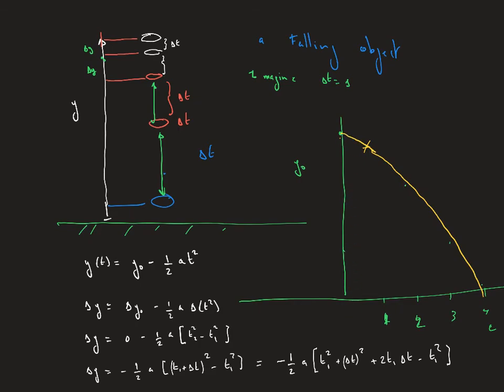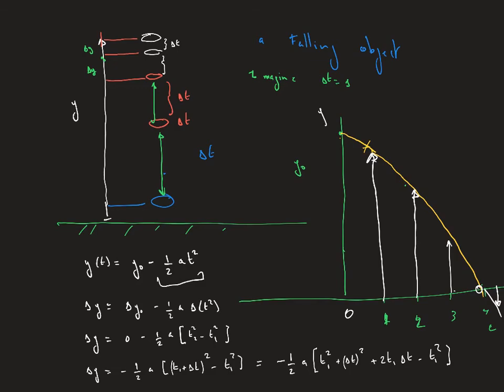As the time is passing, the value of y is going down by this quantity, 1/2 a t squared. As time goes, the value of y is going to be less and less. Even here it is 0, the value of y. And after some time, the value of y will be a negative value.